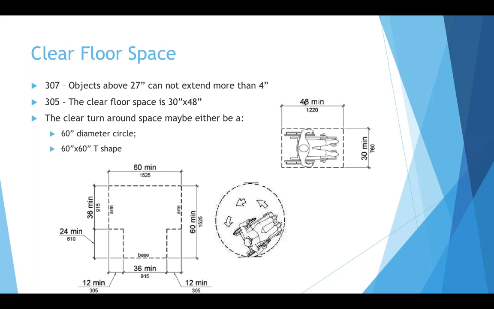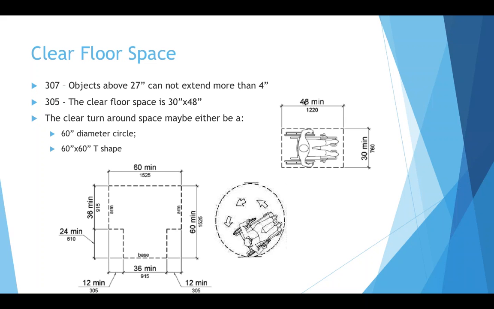One of the things about this clear floor space, if you're creating access to, say, a paper towel dispenser or a lav, there's nothing in the ADA that requires it to be centered on that 30-inch mark. So that does give you flexibility. It's a good rule of thumb in the case of a lav and lavatory, and we'll talk about that in a little bit, to center it on it, and you'll see the reasons why when we put the pieces together.